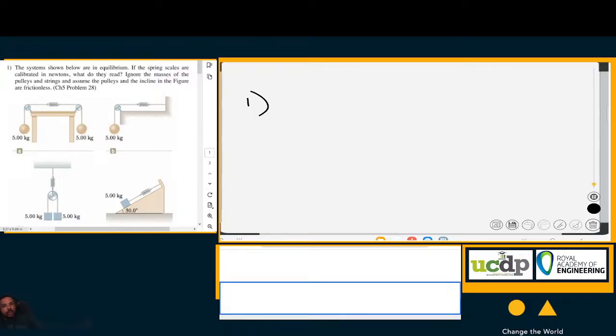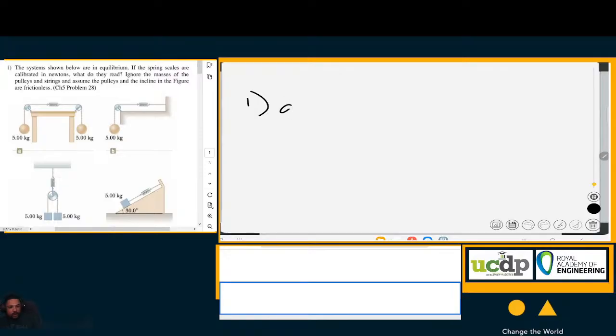They tell us to ignore the masses of the pulleys and the strings and assume the pulleys and the incline in figure D are frictionless. So first we need to calculate the readings on the springs, ignoring the masses of the pulleys and ropes, and assuming there is no friction in figure D. Let's go first to figure A.